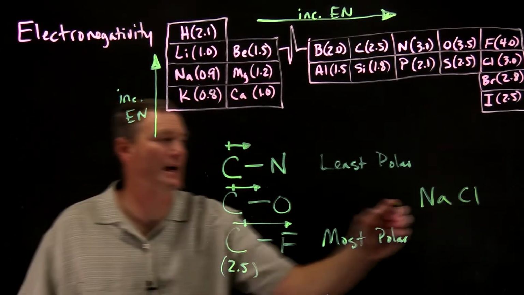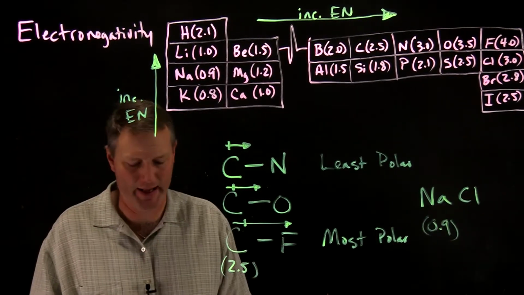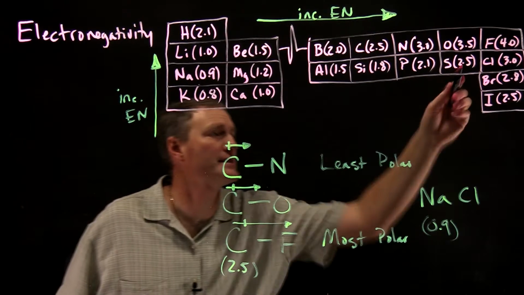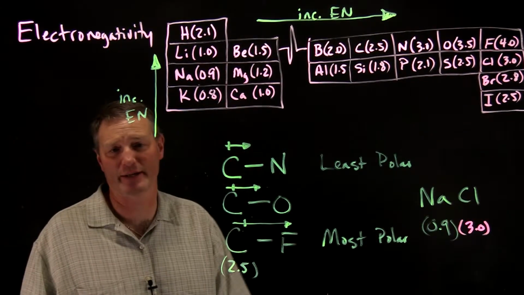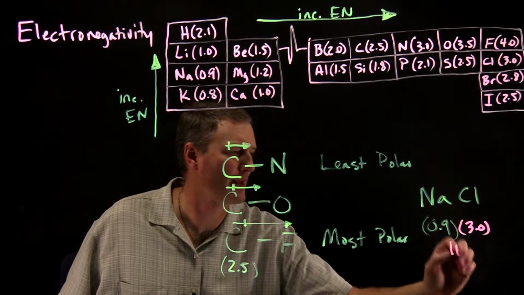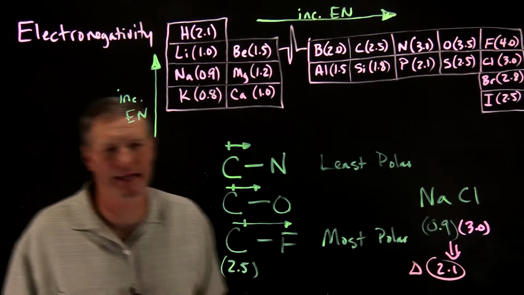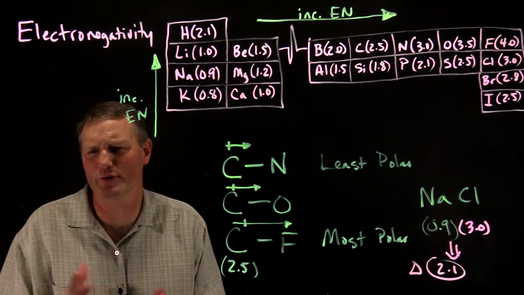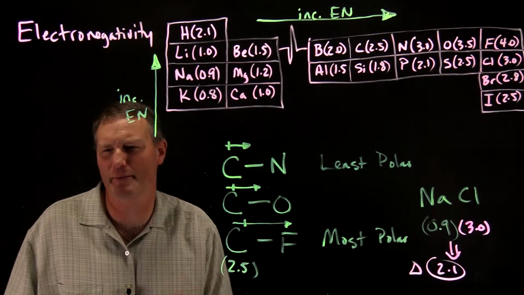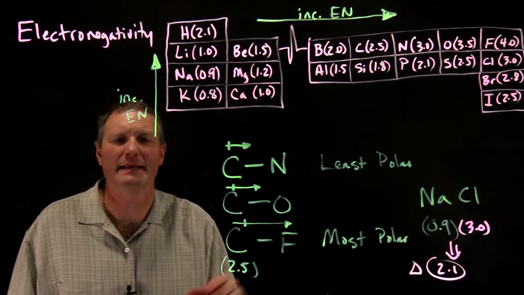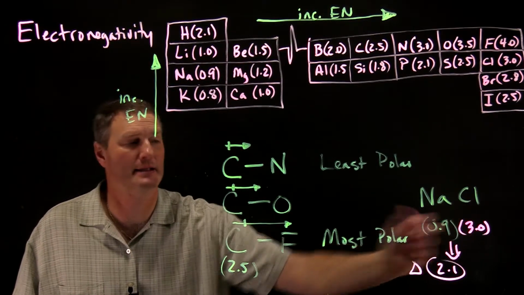Let's write down the value of electronegativity for sodium. It's 0.9. And chlorine, it's 3.0. If we take the difference of those two, we get a value of 2.1 for the delta electronegativity. As a general rule of thumb, if this difference in electronegativity is greater than about 1.8 or so, that's considered to be a salt bond, or an ionic bond.